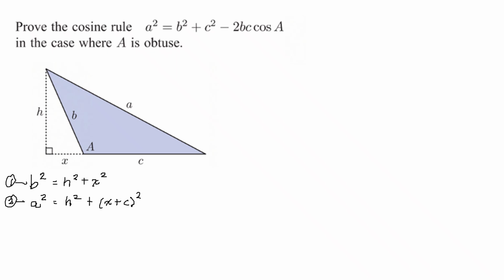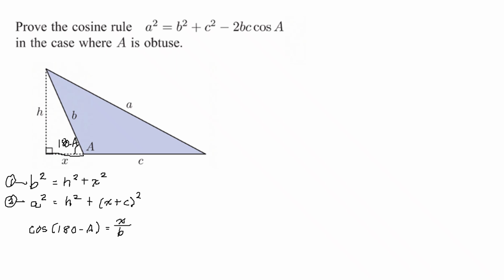In this case, let's use cosine because this angle is 180 minus A, and adjacent to that angle is x, and its hypotenuse is b. So we can create another equation in terms of b and angle A. Cosine of 180 minus A equals adjacent x over hypotenuse b.